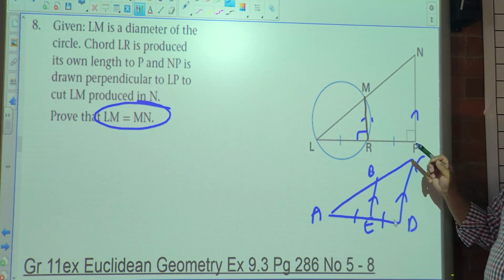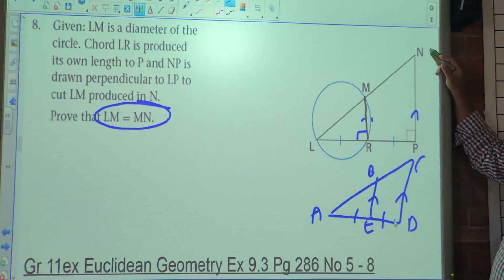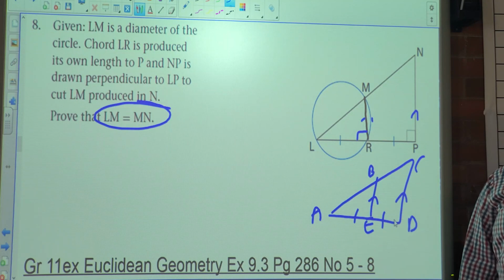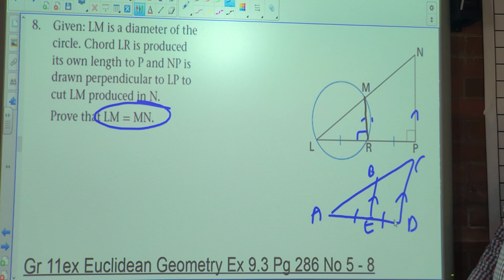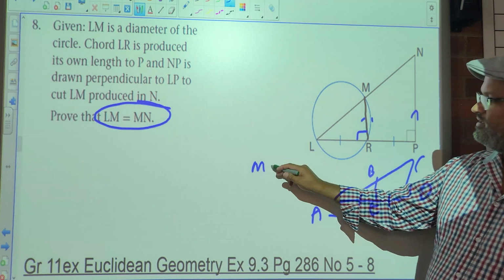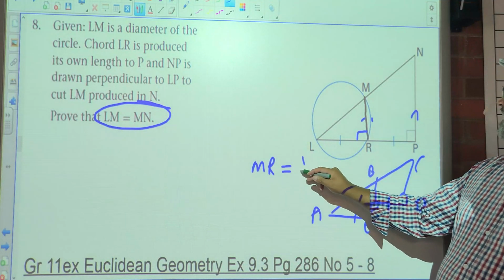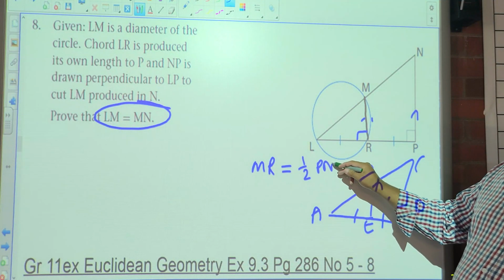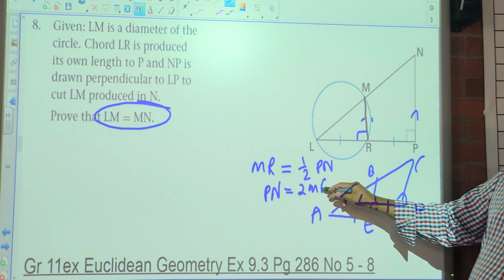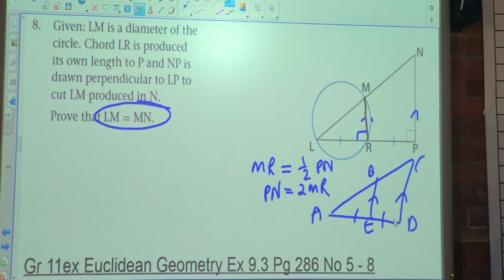That MR is equal to half PN, or PN is going to be double MR. MR is half of PN, and PN is double MR. You see that the other way around.